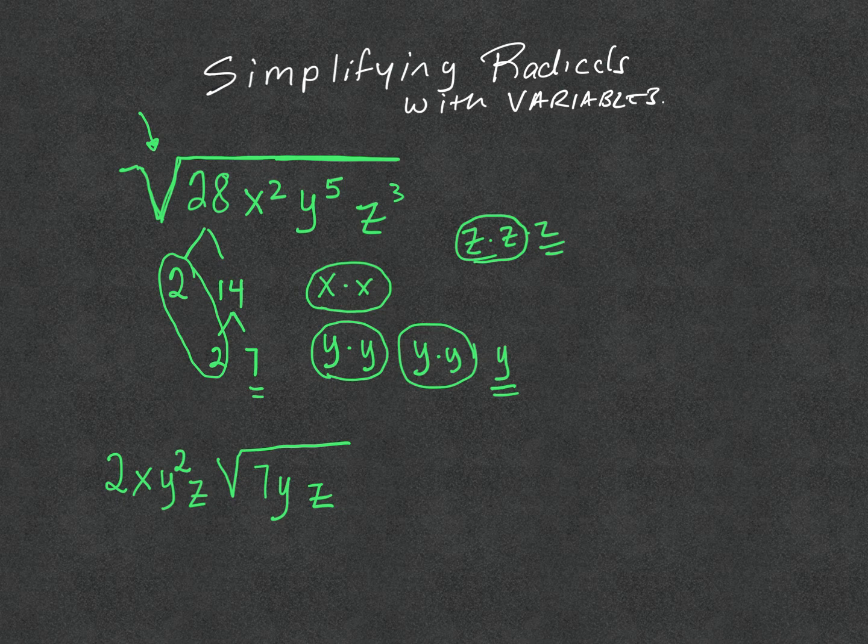So what is the square root of 28x squared y to the fifth z to the third power simplified to? 2xy squared times z times the square root of 7yz. So when you're trying to simplify radicals, you need to understand the index, because the index or the root will tell you how to make up these groups. And that's how you will be able to simplify the expression.